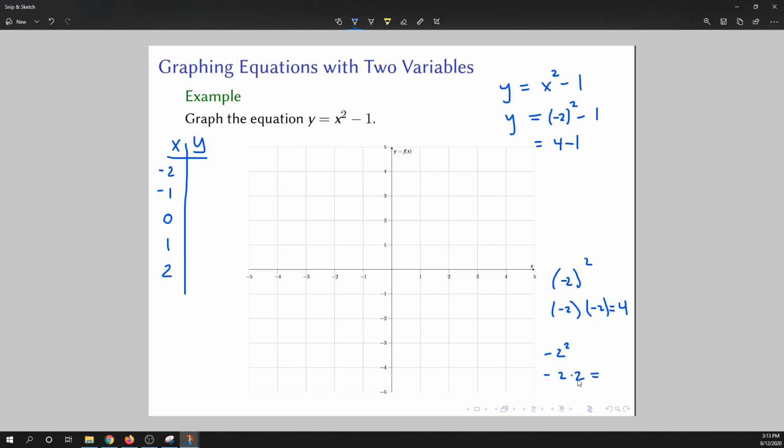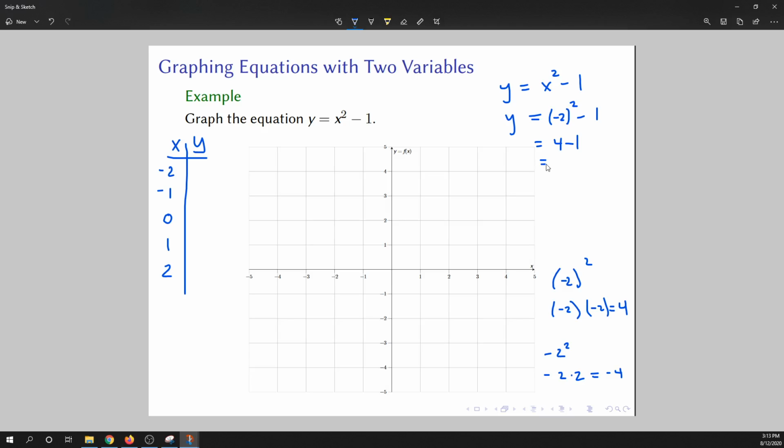And so that would be 2 times 2 is 4, and you have that negative in front of it, like so. All right. So remember, if you're using your calculator on this, if you're raising a negative number to a power like this, you need to have these parentheses around it.